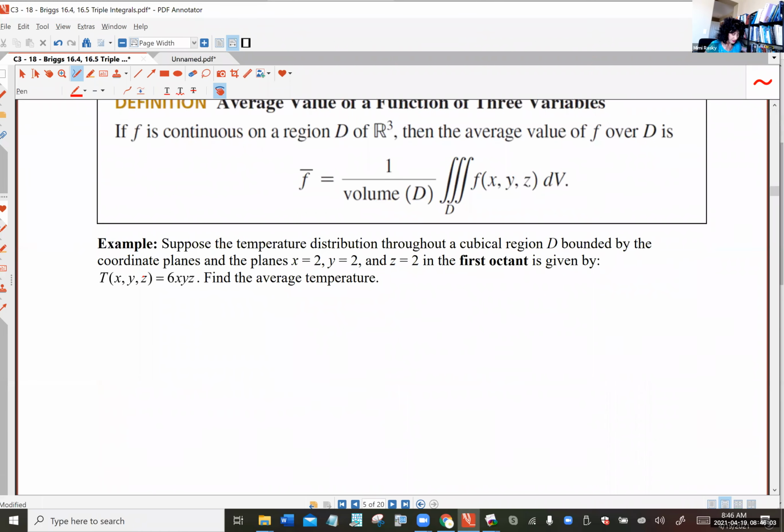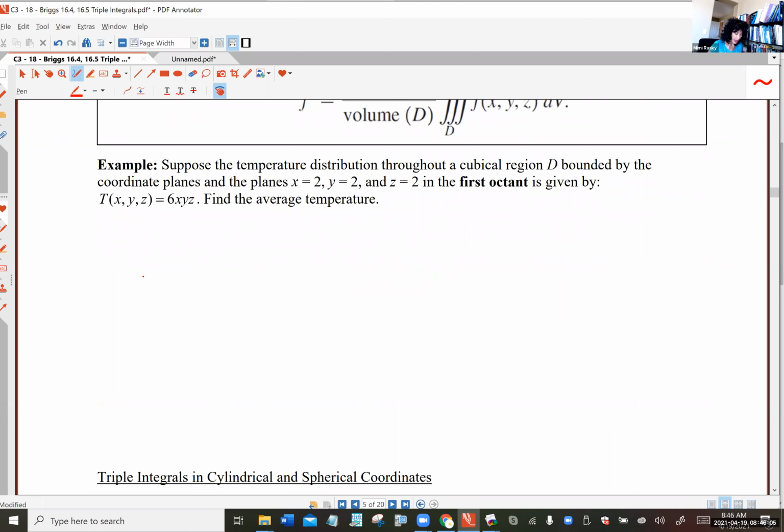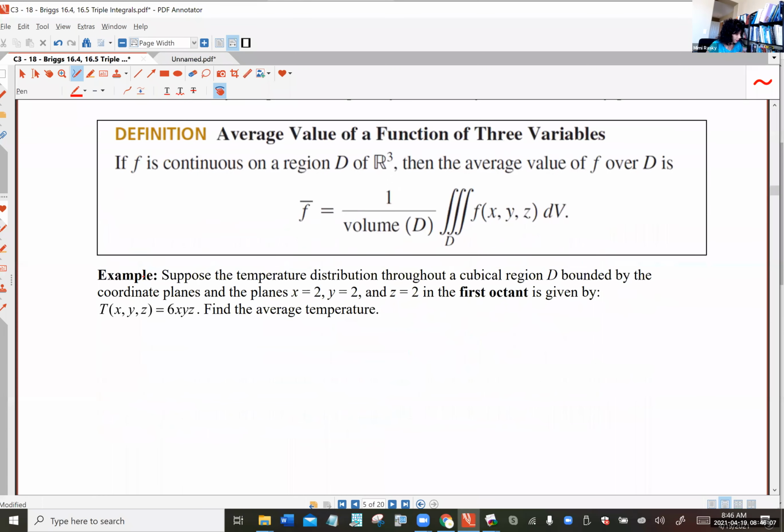So how do you do this? This one's an easy average value problem. When you are doing average value for any function, remember, in Calc 1, the average value, f bar, was 1 over the length of the interval, b minus a, times the integral from a to b of f dx.